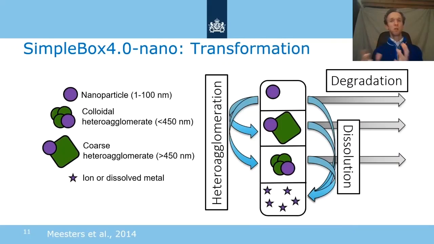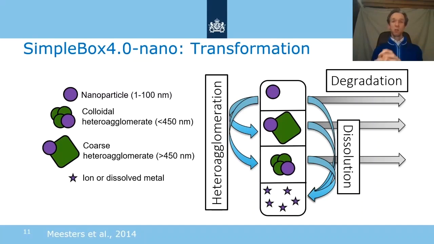So these transformation processes are a bit more interesting. We included two types of aggregates. So basically, we call that heteroagglomeration when a nanomaterial sticks to another particle, a natural occurring particle, because this is ubiquitous, right? We have aerosols in air, we have sand and particles in soil, and we have other suspended colloids and so on in water.